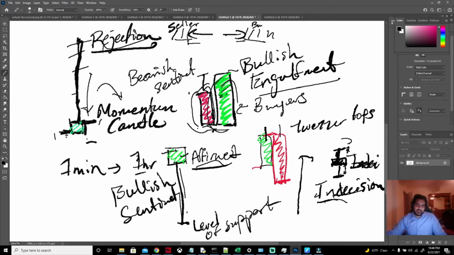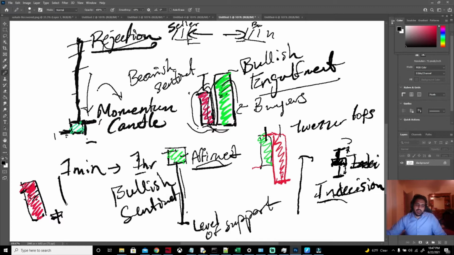Now, there is one movement that takes that into consideration. I'll try to fit it over here. So imagine you have a red candle. I don't think that was red. Let's do it again, red. All right, so assume we have a red candle. Then we have an indecision candle.